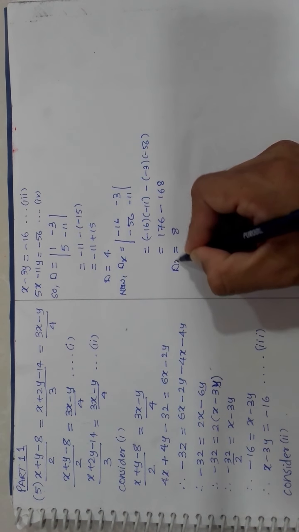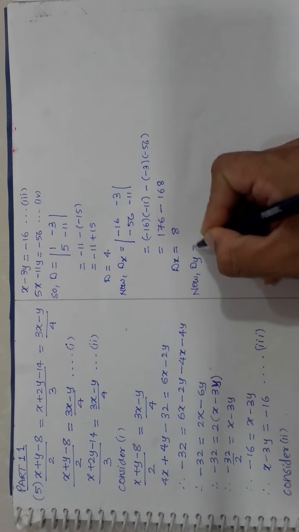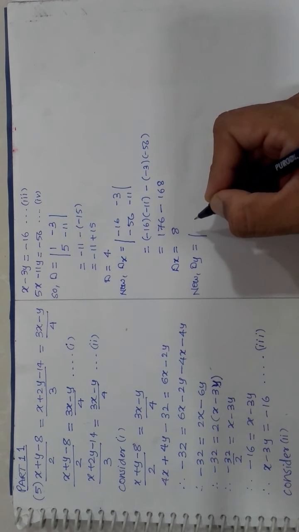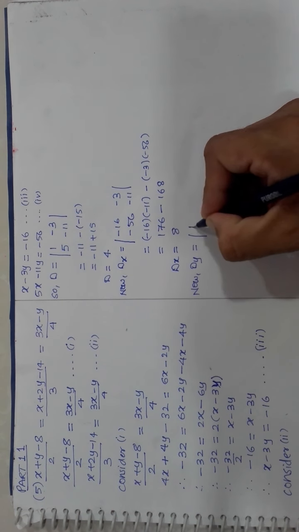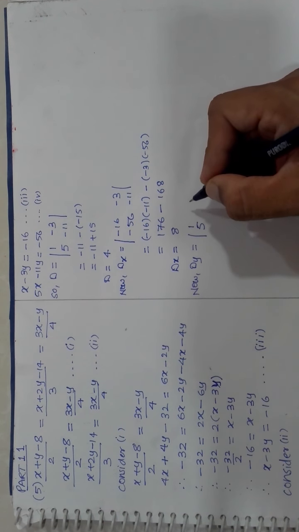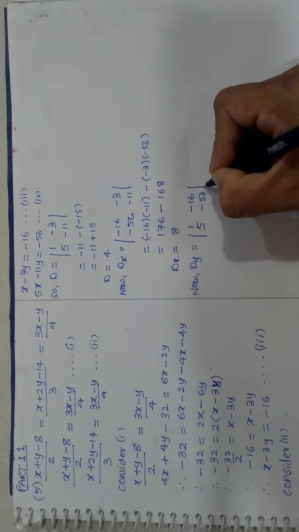This is your dx. Now when you find dy, this time who will be replaced? It will be y. So D being your 1 5 as it is, and the y column, minus 3 and minus 11, will be replaced by minus 16 and minus 56.